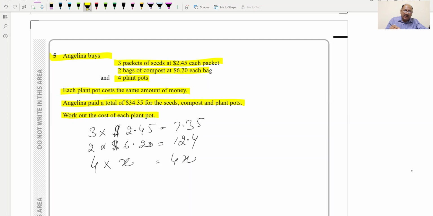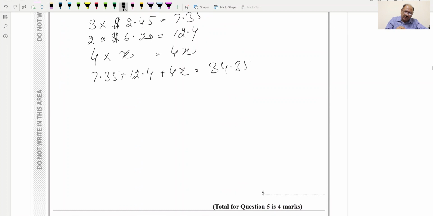So we will be writing the algebraic equation. It will be 7.35 plus 12.4 plus 4x is equal to 34.35, and we will be simplifying this equation to find the value of x.